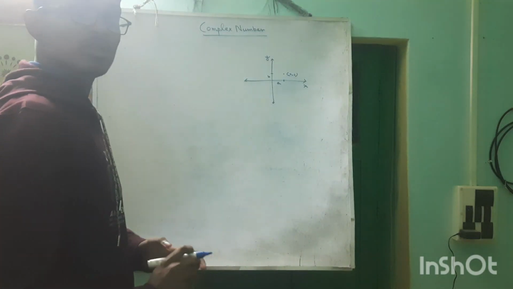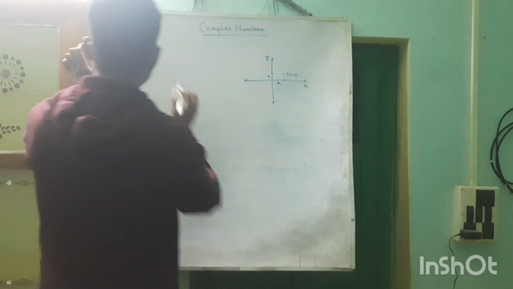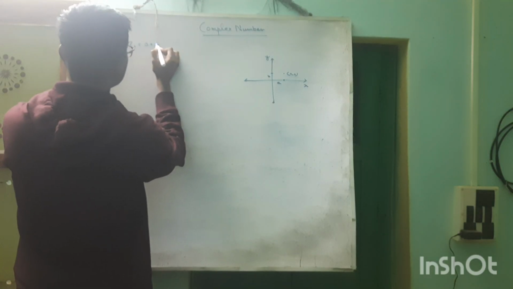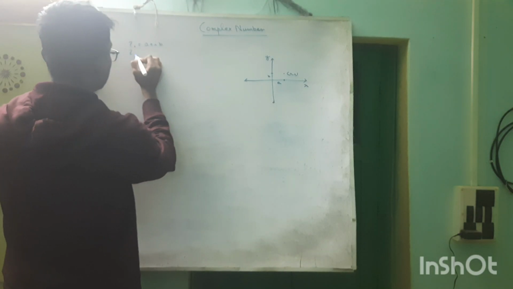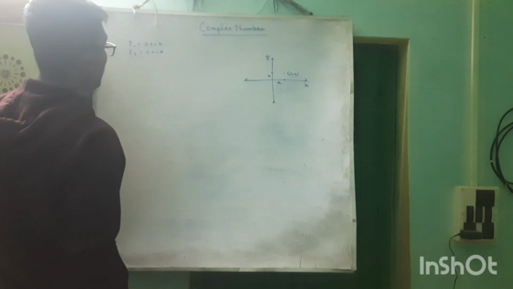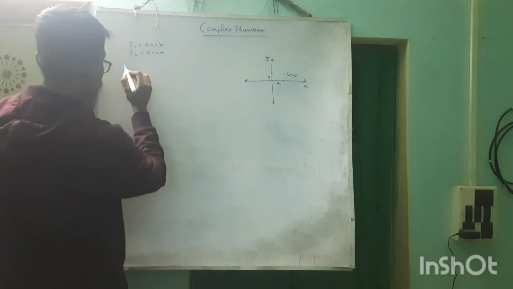So now come to the part of addition and multiplication of complex numbers. Suppose Z1 is a complex number a plus ib and Z2 is another complex number c plus id. So what about the addition of those two complex numbers?